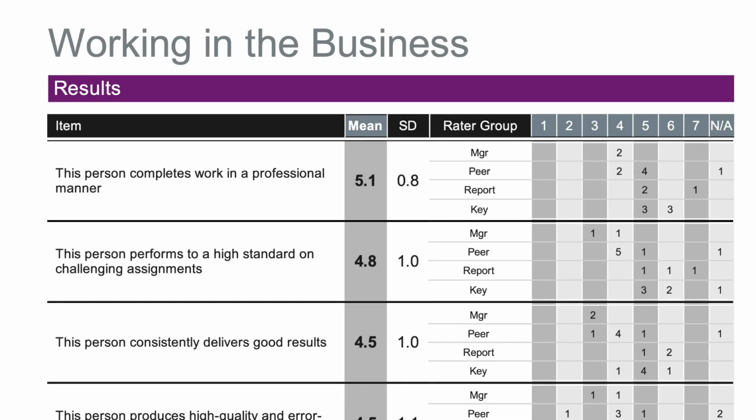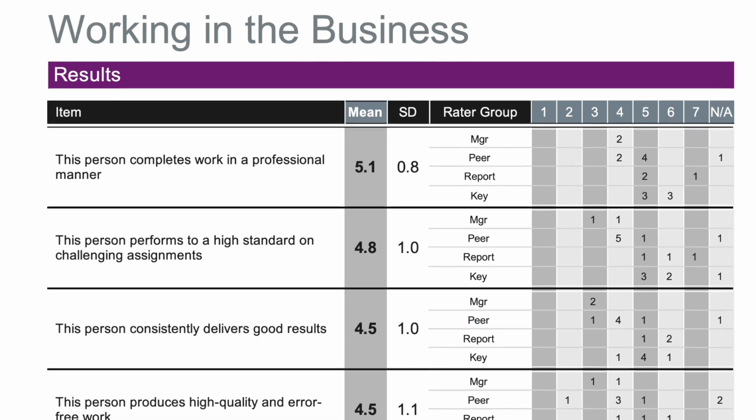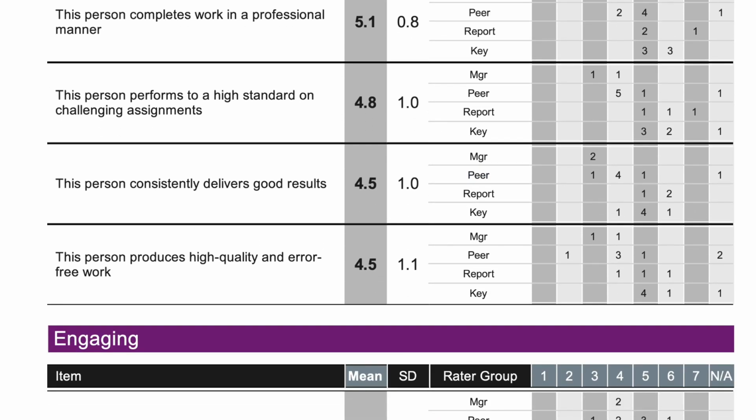Working in the business again, there's a lot of variation, particularly with the managers. What is interesting in one of the rater groups, particularly the peers here, is about saying the person consistently delivers a good result. The peers were quite concerned about the inability to do that. And on one of the items there about producing high quality error-free work, one peer rated Lee as a 2.